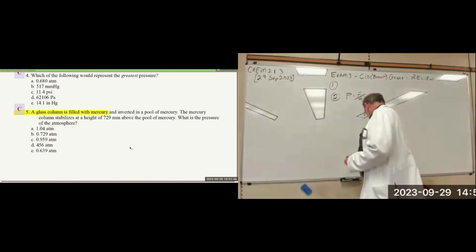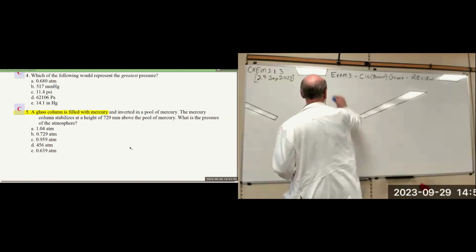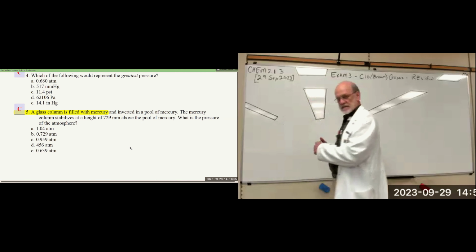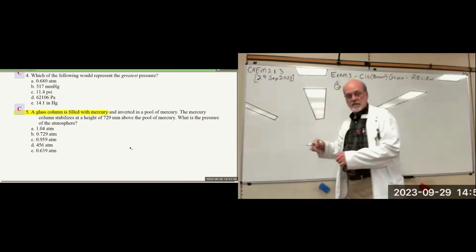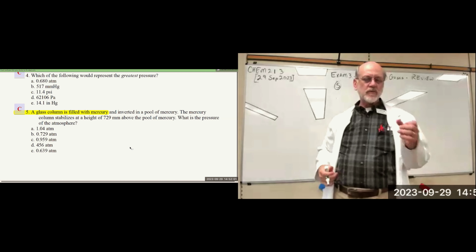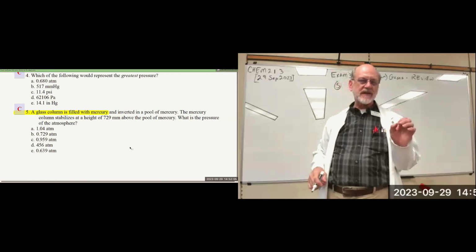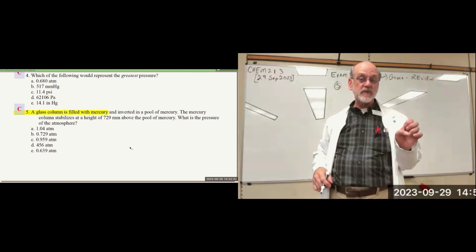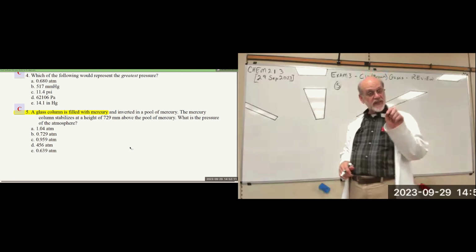Okay, now we get to a calculation. Looks like that's 5. A glass column is filled with mercury and inverted in a pool of mercury. The mercury column stabilizes at a height of 729 millimeters above the pool. What's the pressure of the atmosphere? And look at the answers.